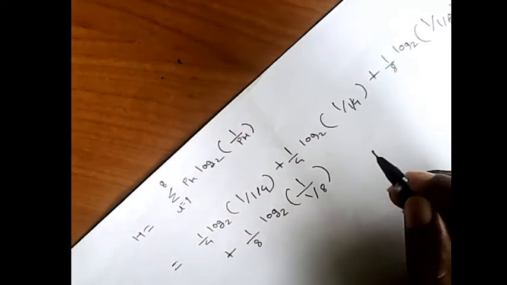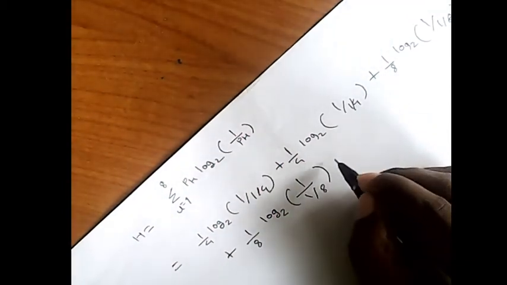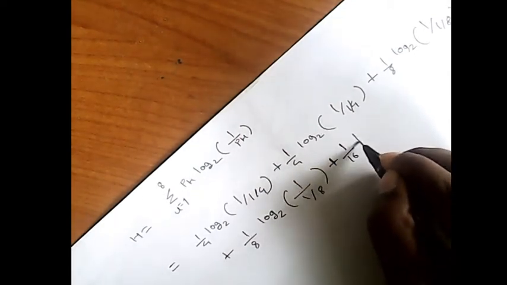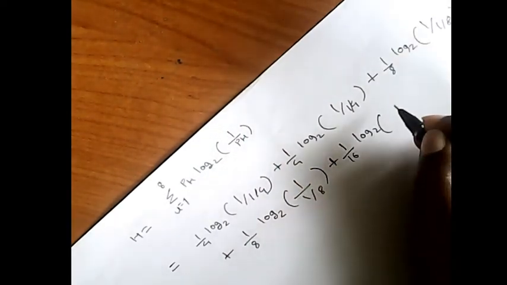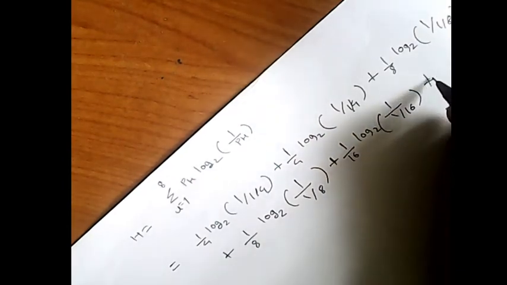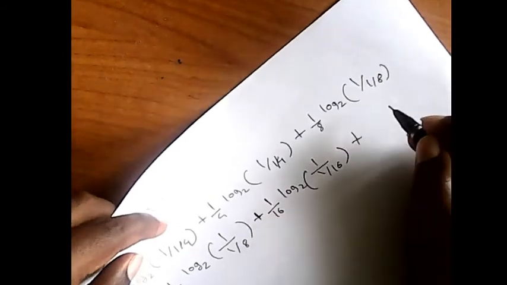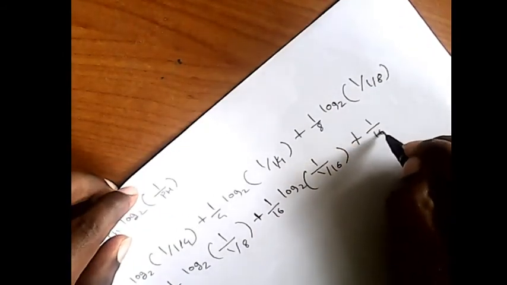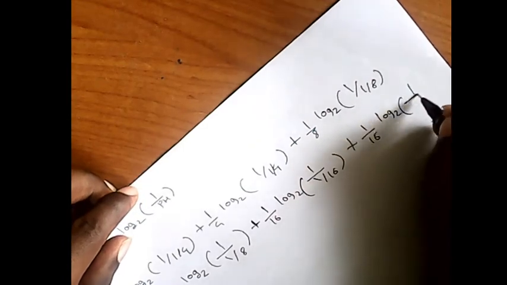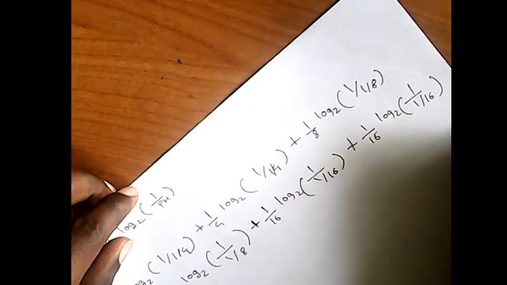Similarly, for symbol 5, 1 by 16 log to the base 2 of 1 upon 1 by 16. Again symbol 6, probability 1 by 16 log to the base 2 of 1 upon 1 by 16.